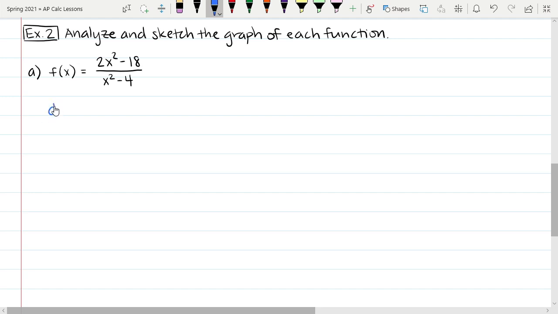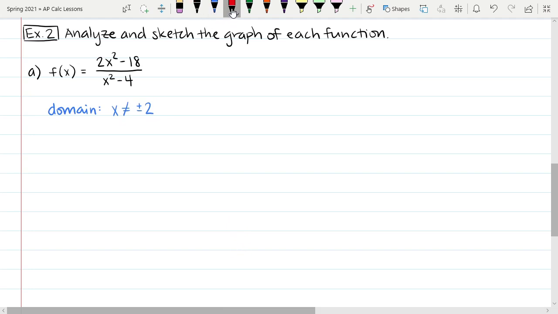Starting with the domain: the function will be undefined if the denominator is ever 0, and the denominator will be 0 if x is plus or minus 2. So the domain would be x is not equal to plus or minus 2.